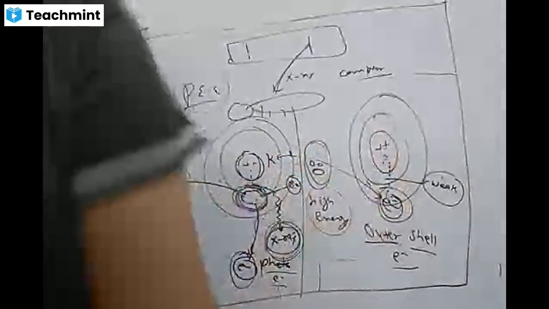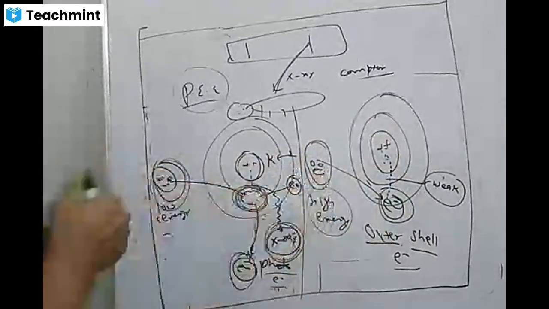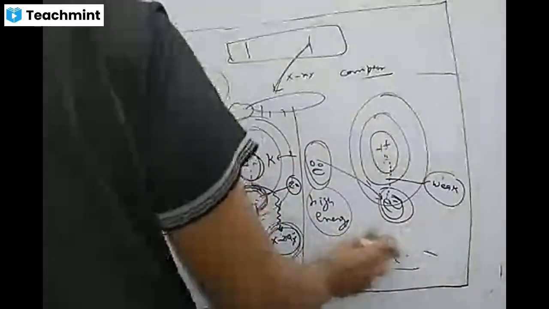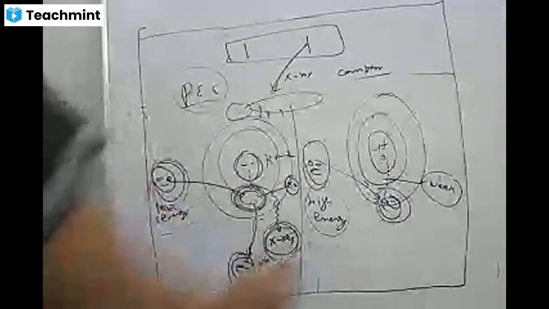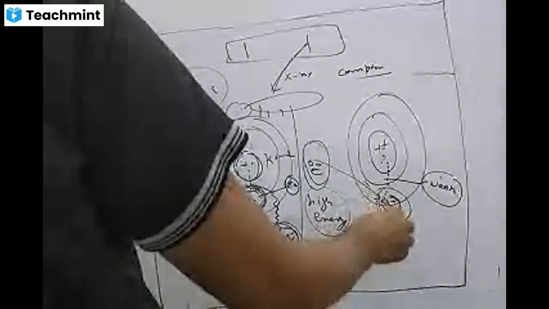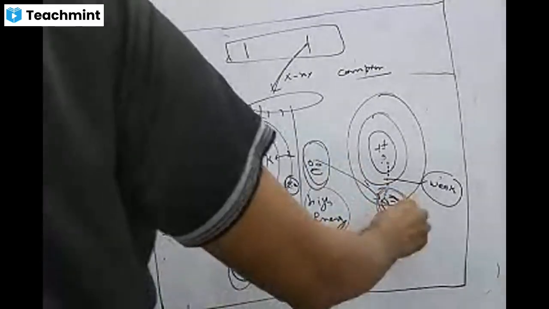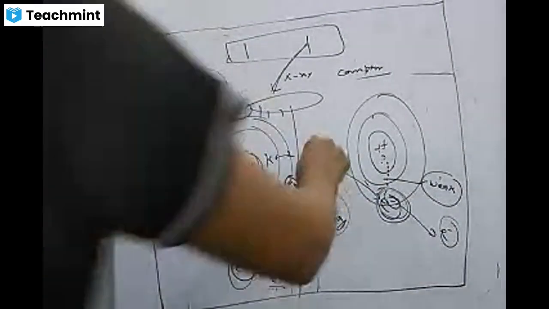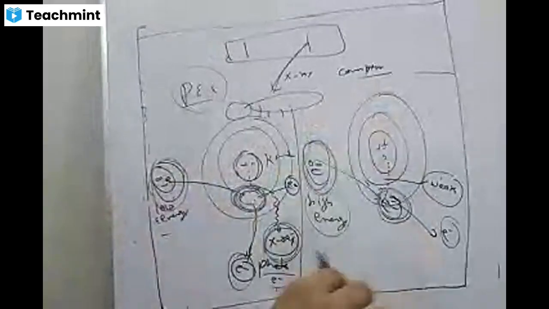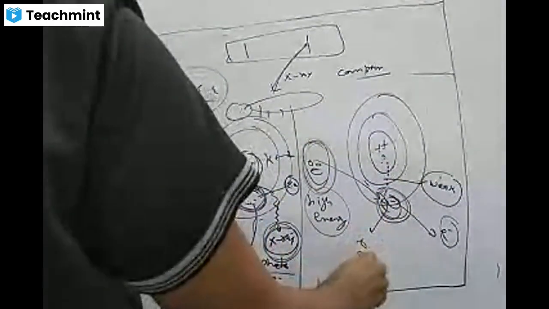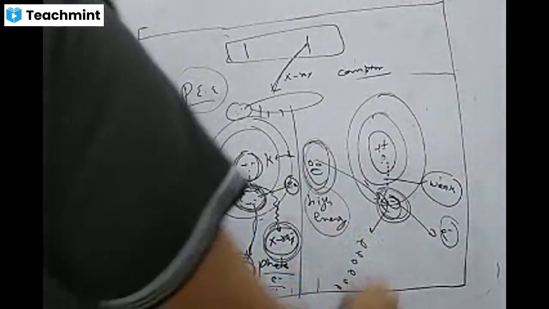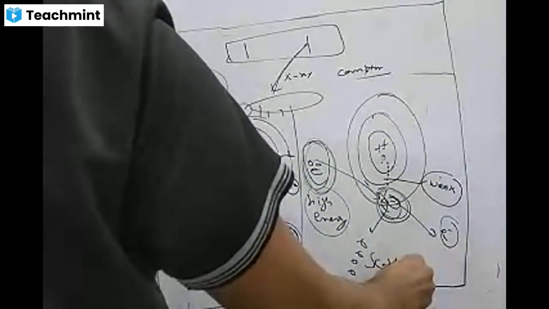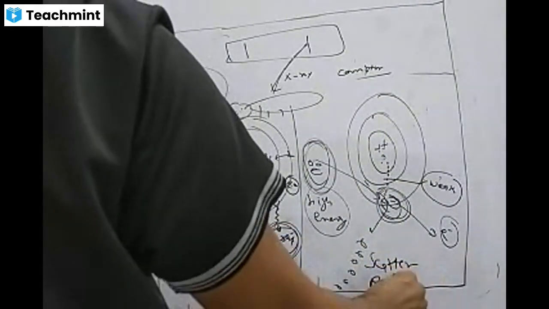So in this case, our X-ray photon, a high energy photon, will give some of its energy to this electron, and that electron will come out. The remaining energy inside this photon will be scattered.